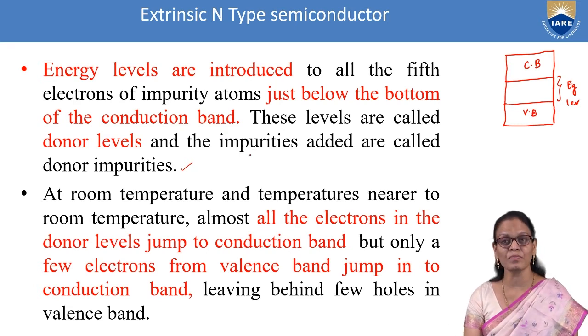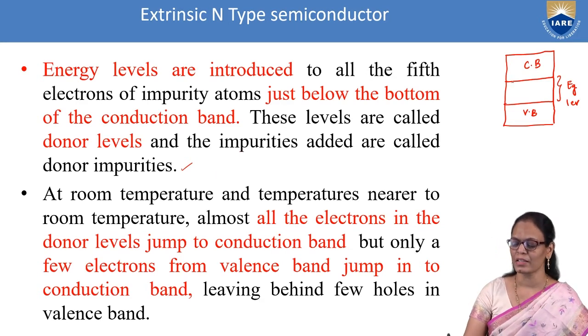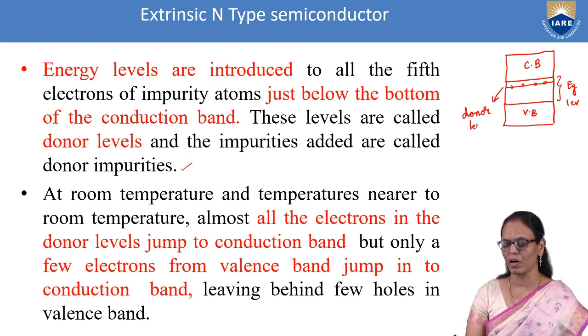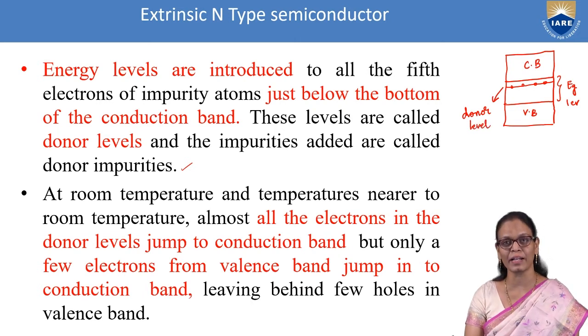Now, because of the impurity that is added, there are free electrons, and we call them donor electrons, and they lie in a level very near to the conduction band. And this level we call the donor level. All the free electrons are lying in a level just below the conduction band.